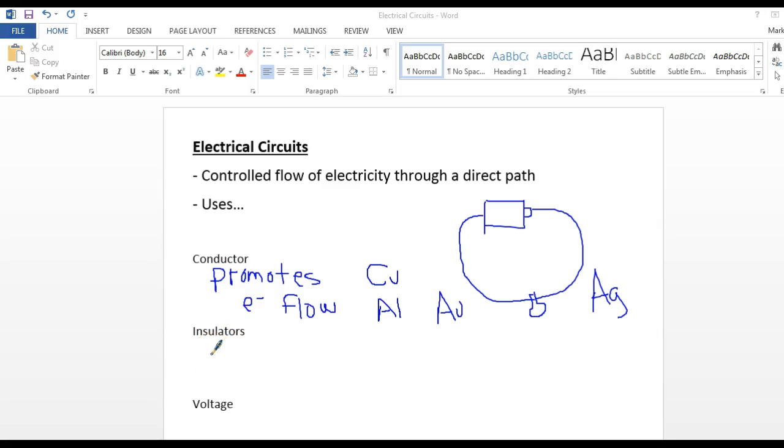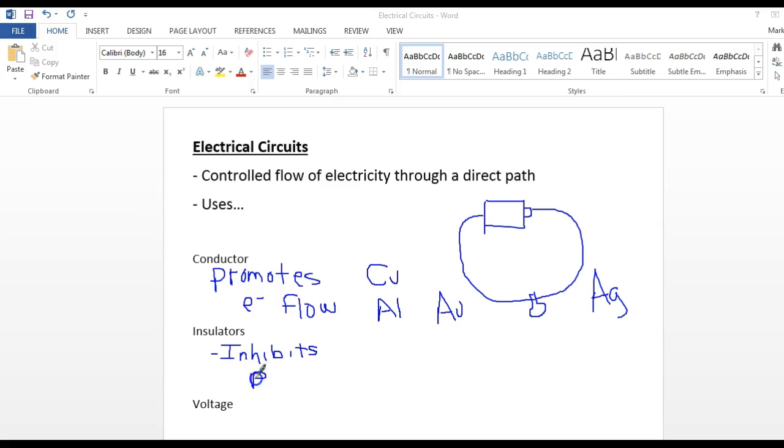And then insulators inhibit electron flow. Okay, so it doesn't allow it to flow.